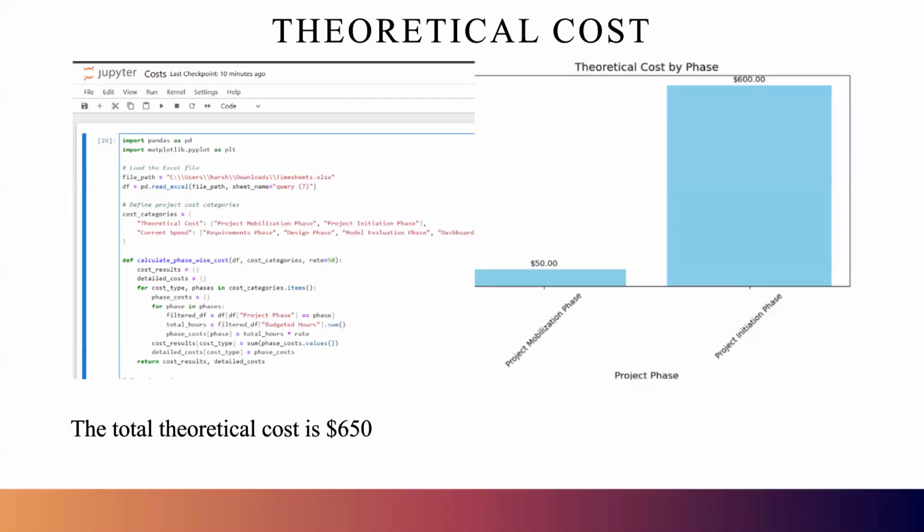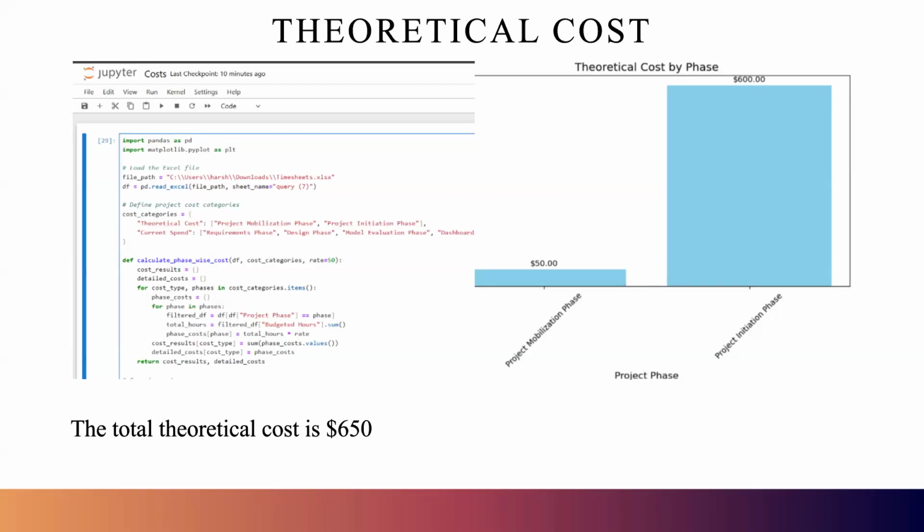Thank you, Shamli. So now here we have a Jupyter notebook, which is analyzing the project cost using Python. We have used an Excel file to categorize project cost into theoretical cost and current spends and calculate phase-wise cost. The bar chart visualizes the theoretical cost distribution across project phases.